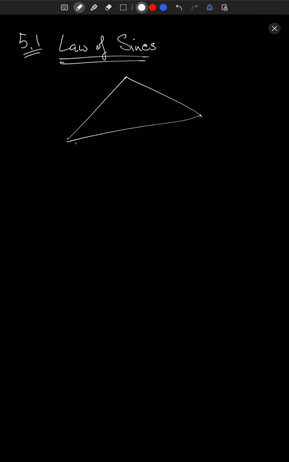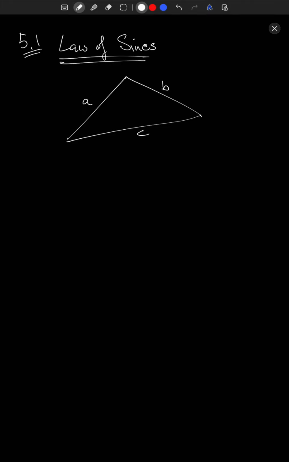So a general triangle, we're going to denote in these two sections using side lengths A, B, and C. So maybe A, B, and C, all right? It doesn't matter which side I label which, as long as one of them is A, one of them is B, one of them is C. And then we're going to denote the angles using Greek letters.